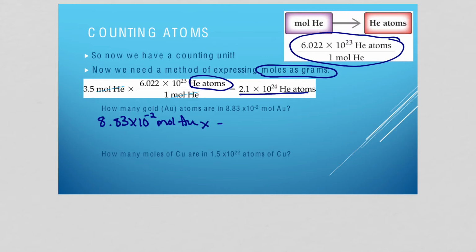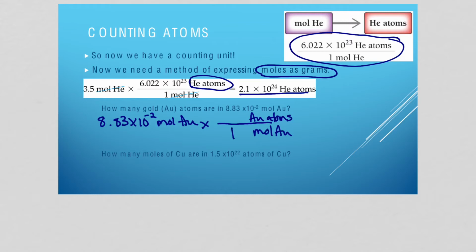So, multiplying or dividing, how do I know? Well, we follow the units. We know the conversion factor is 6.022 times 10 to the 23rd individual items per mole. We have moles here, so we need moles down here, and we're trying to get to gold atoms, so that goes on top.